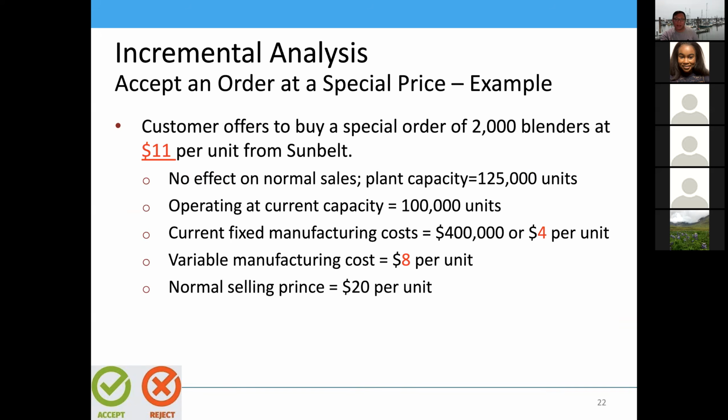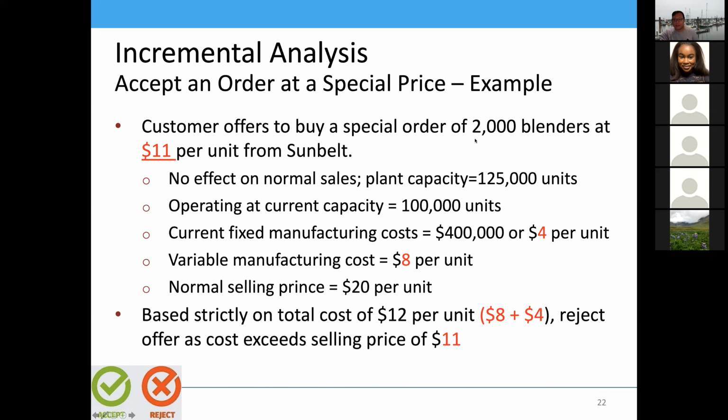The whole point here is that even with these 2,000 units, you still have room for an additional 23,000. The capacity is 125,000. When you add this 2,000 special order, you still have room for 23,000 units. So if tomorrow you get another 10,000 units, that's fine, right?